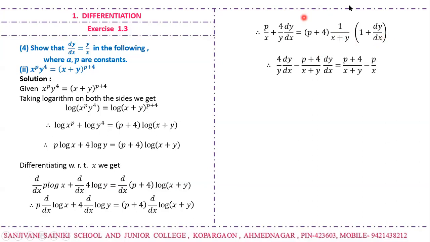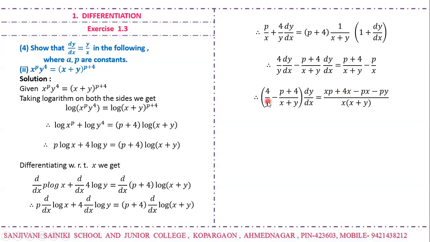So again simplify this term and multiply this (p plus 4) upon (x plus y) to this bracket, and then take the term which contains dy by dx to the other side. Now take dy by dx common from these two terms. So what you get? 4 by y minus (p plus 4) upon (x plus y). Now cross multiply these two terms so that the denominator becomes x into (x plus y).